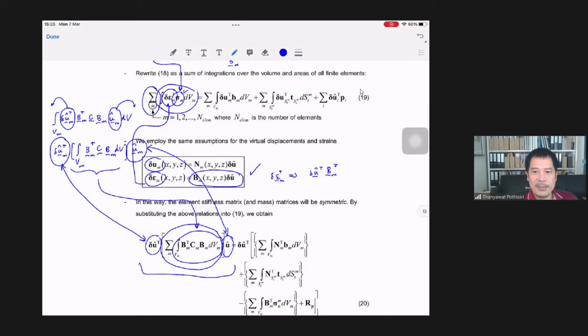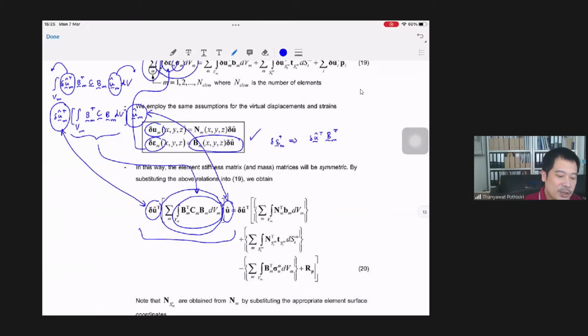But the details on how you can match this, we'll talk about that in a little bit. For now, just try to understand that you can somehow match the nodal displacement of each element and the nodal displacement of the structure. And based on this matching, you can write this equation for the entire structure in summation form like this, okay?